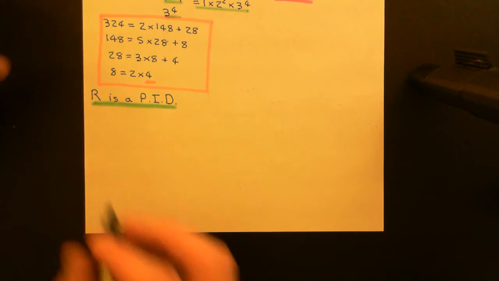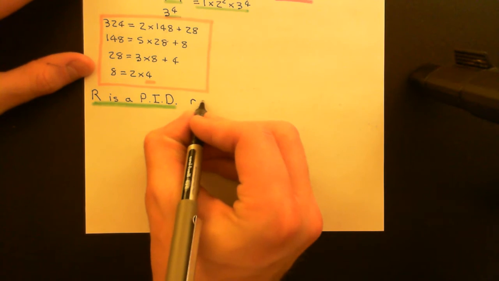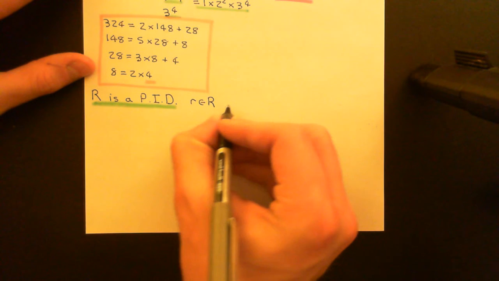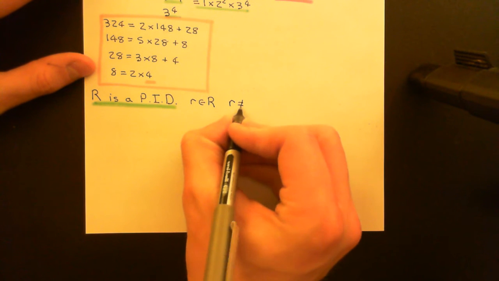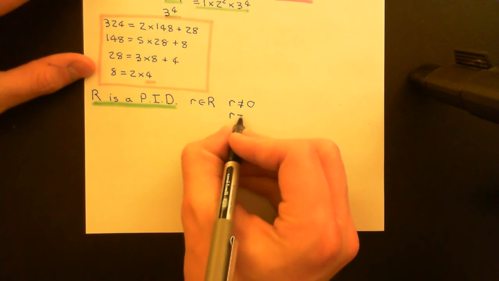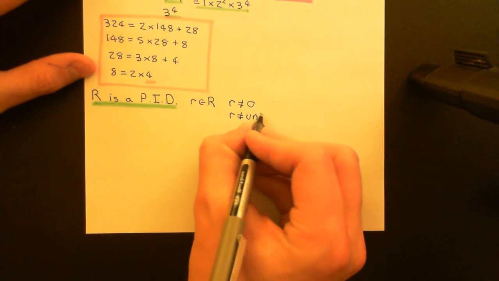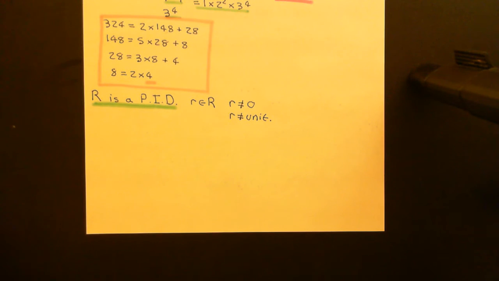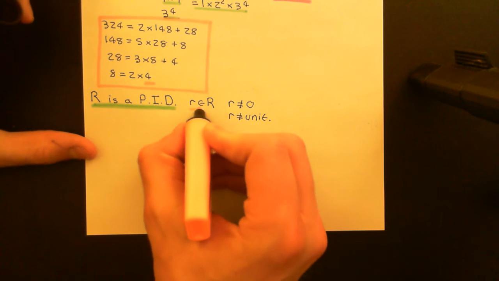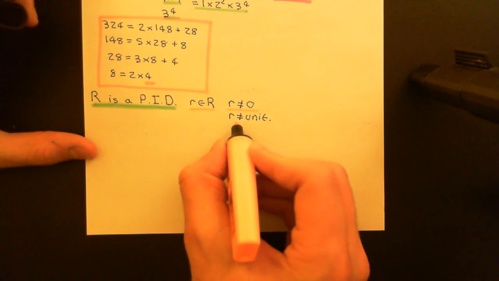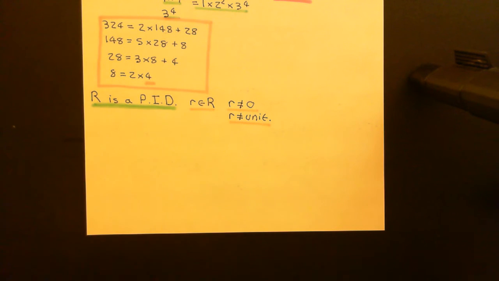Let's take some little r that's an element of our principal ideal domain, and as promised this is not equal to the additive identity, neither is it a unit. So we pick some element that's not the additive identity and not a unit, and let's attempt to construct a factorization into irreducible elements.